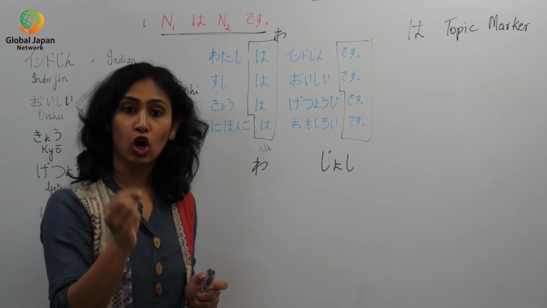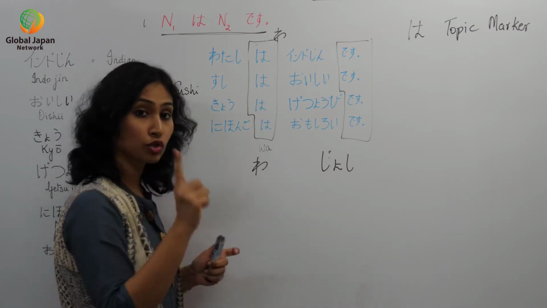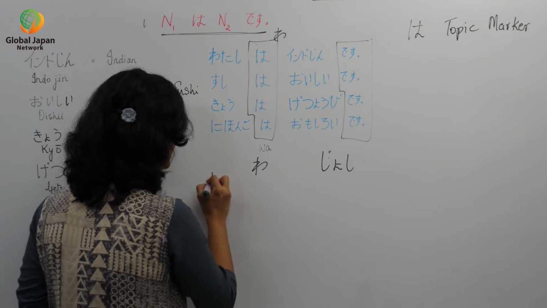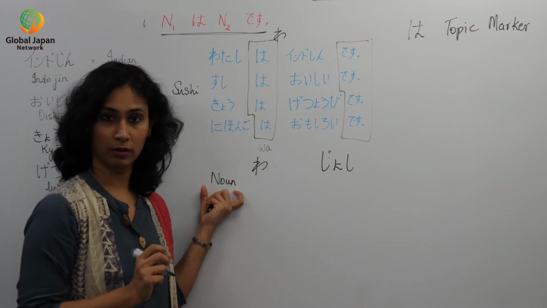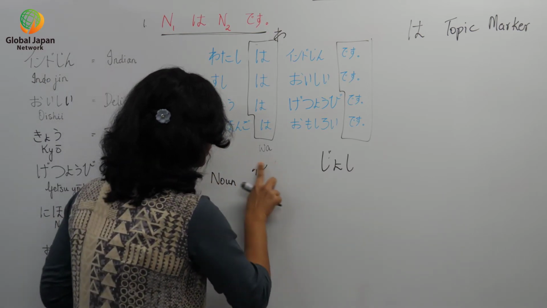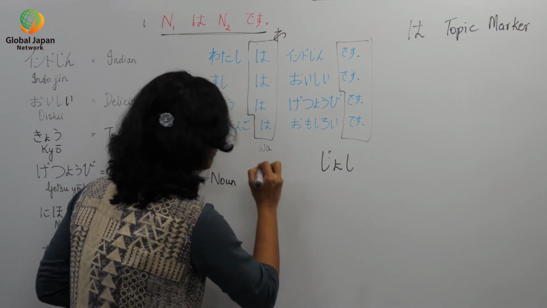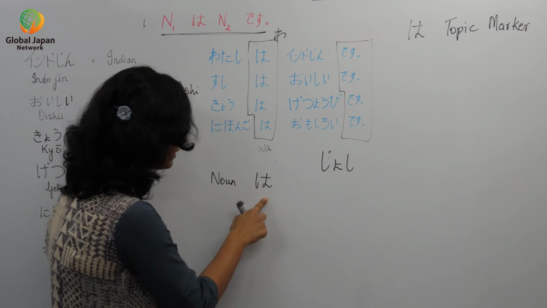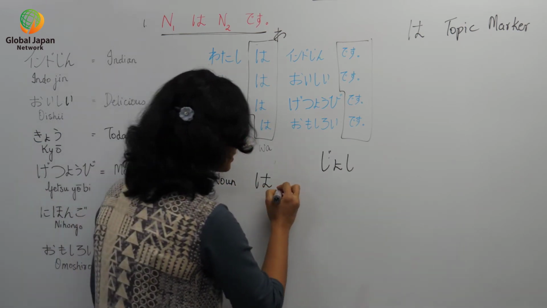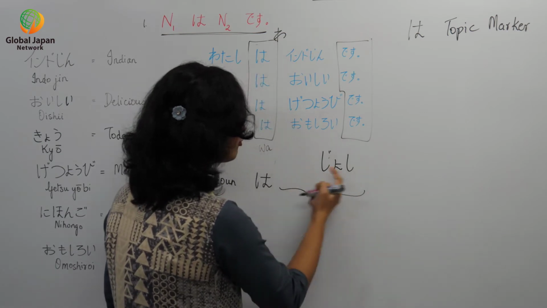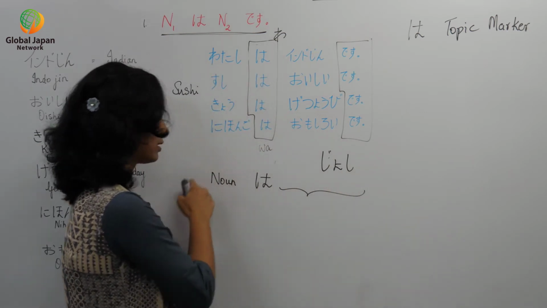Select any topic, which means topic will surely be a noun. So select any noun. Write that noun. Add the particle wa after that. By doing this, you make this noun the topic. And after this, give information about this topic.